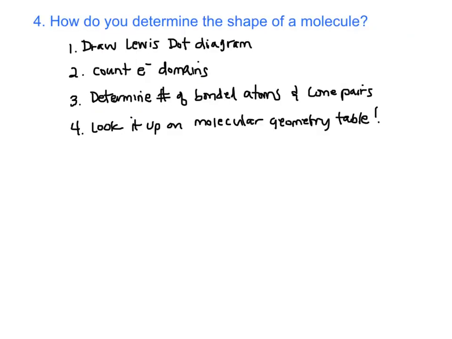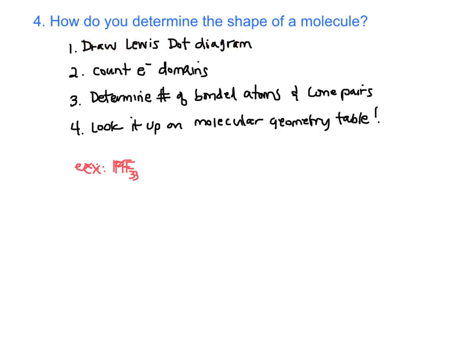All right, and last but not least, how do you determine the shape of a molecule based on, of course, its chemical formula or on its Lewis dot structure? So most of the time you're going to be given a chemical formula. For example, you might be given the chemical formula PF3, and I will ask you to determine the shape of this molecule.